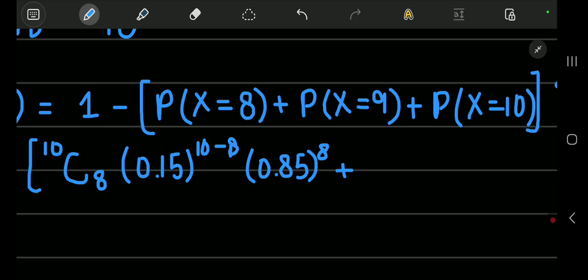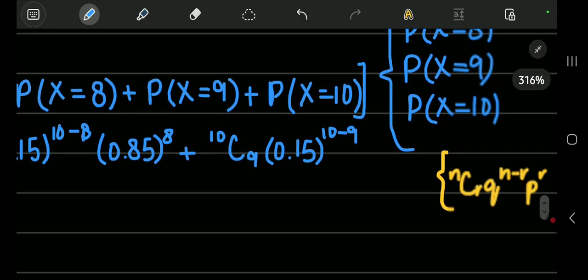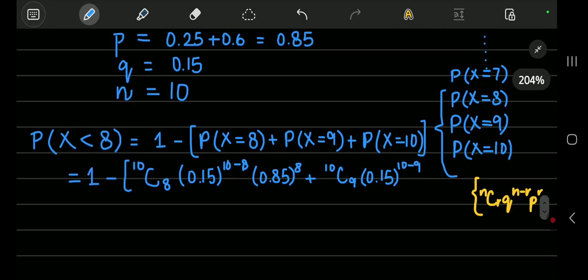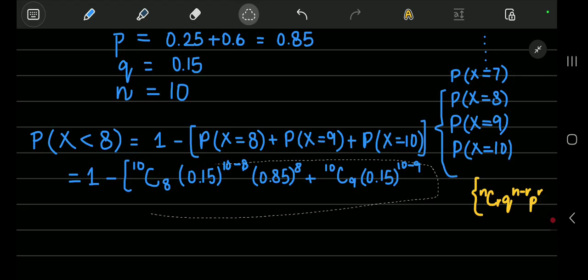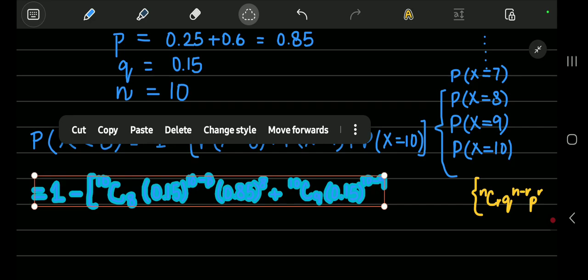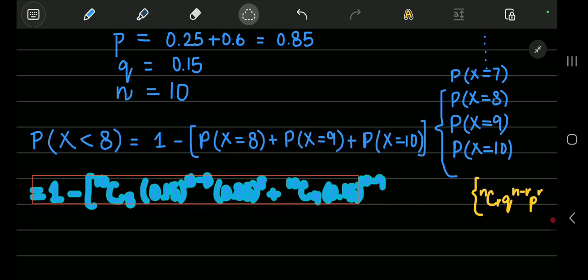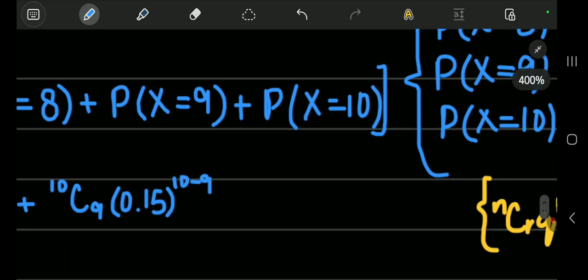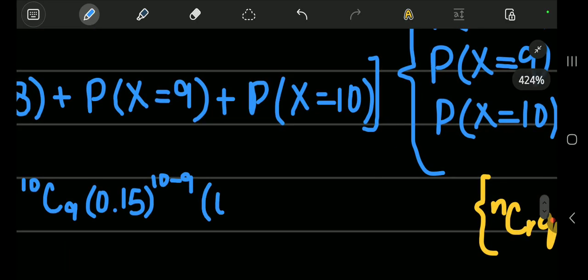Plus 10C9, failure to the power n minus r and success to the power r, 0.85 to the power 9.